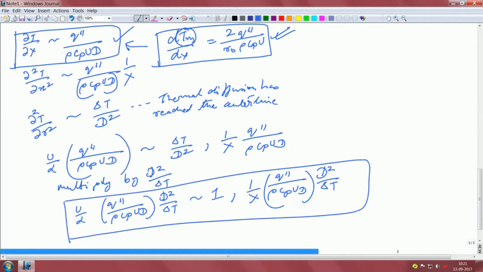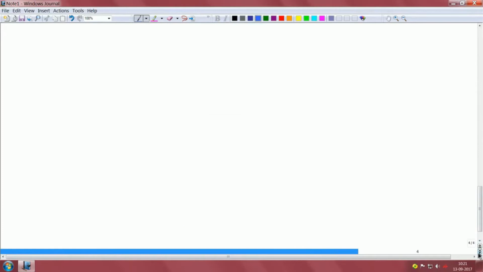And we also know h is given as q double prime divided by delta T. So, let us look at term by term once again, using this definition. This is basically your heat transfer coefficient.